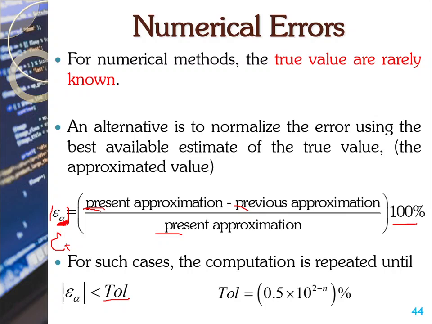In case two, I might not give you this tolerance value. And once I don't give you the tolerance value, it means that you have to use this formula to estimate your tolerance, which is equal to 0.5 times 10 raised to the power 2 minus n, where n is the number of significant figures which I would specify.